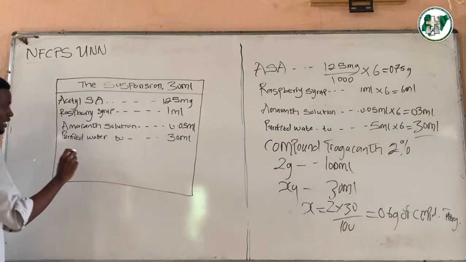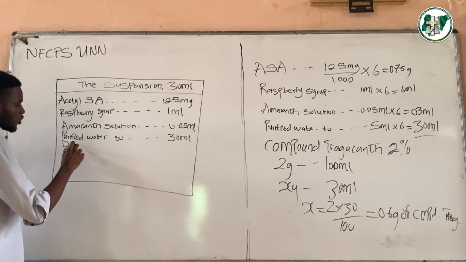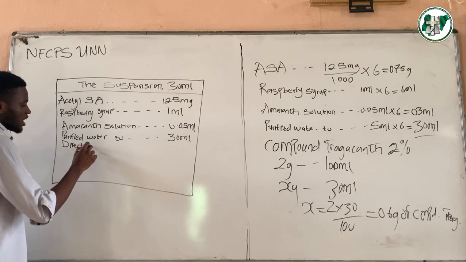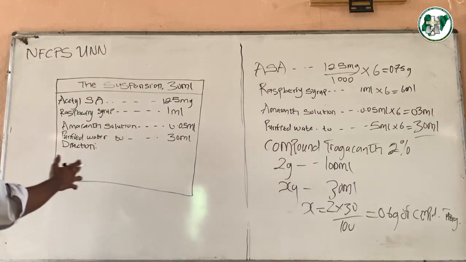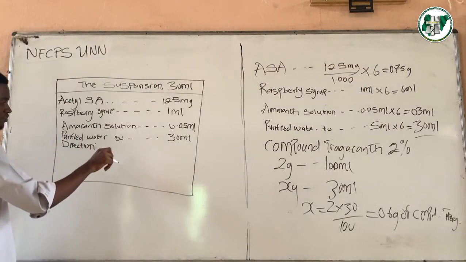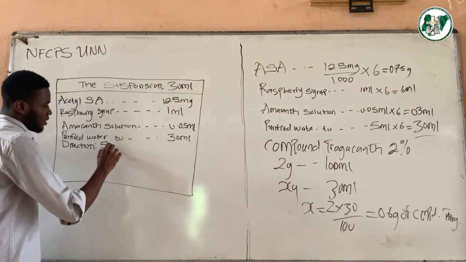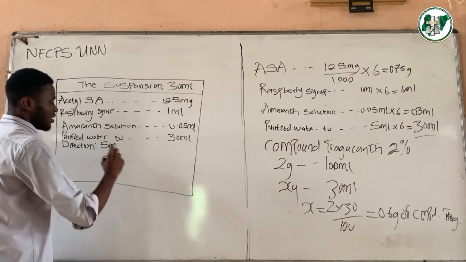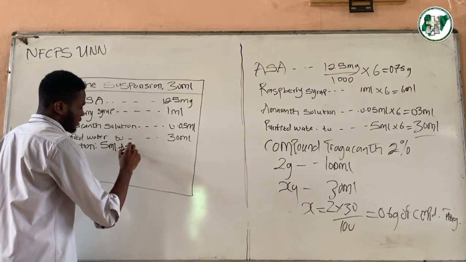Now, at the base of this, you write the direction. The direction is going to be written in Latin, which you'd have to interpret. I don't know if you remember for this question, I didn't write the direction, but let's say the direction is 5 ml to be taken as directed by the doctor, 5 ml to be taken before meal.